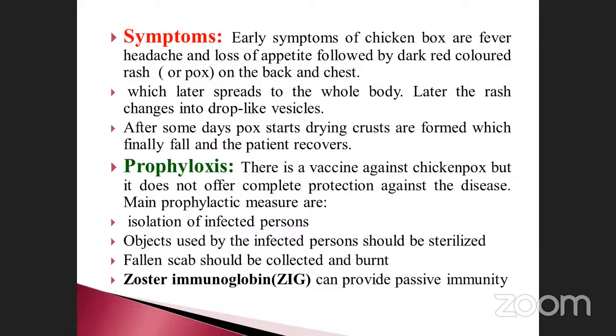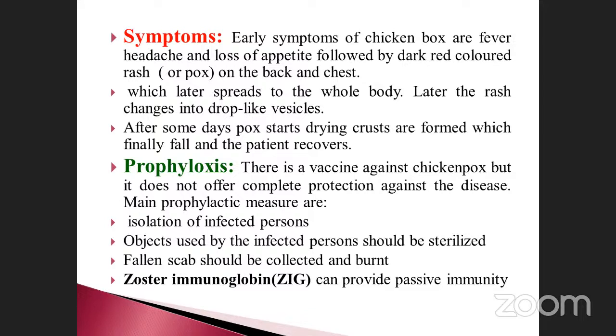Leaves are collected and ground well with turmeric and used for the bathing process. Fallen scabs should be collected and burned. Then it will not spread to other people. Suppose if it is not done like that, it can also spread to children.